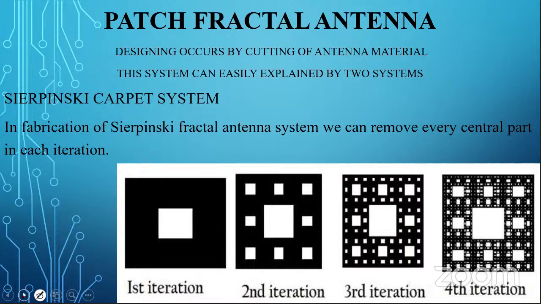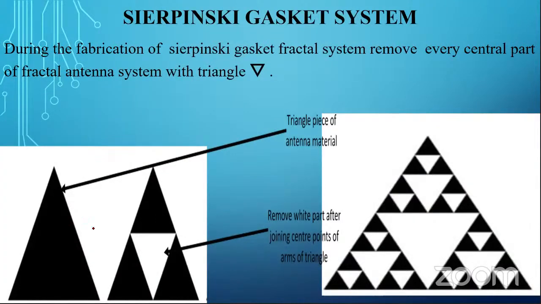In the Sierpinski carpet system, we can manufacture an antenna system by the replacement of the central part with a square. During the fabrication of the Sierpinski gasket fractal system, we remove every central part of a fractal antenna with a triangle.